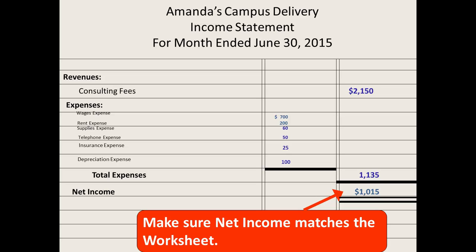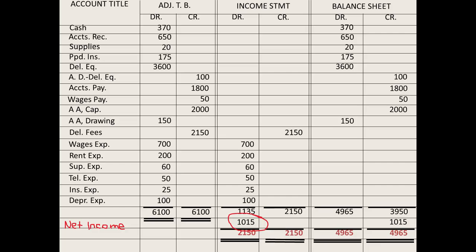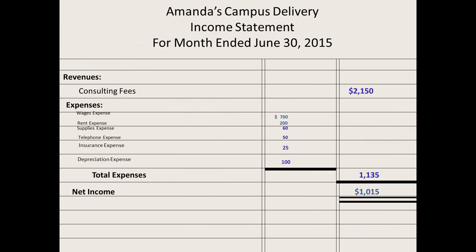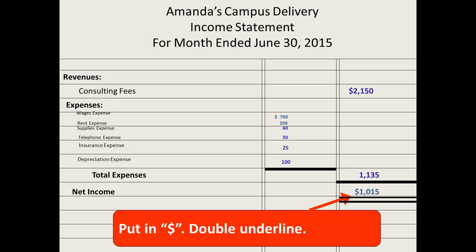I also want to make sure that net income matches the worksheet. And so here's my worksheet again, and there's my net income circled, the 1015, and it does match. Finally, this is a grand total, this 1015, and I'm going to put a dollar sign in front of it, and I'm also going to double underline underneath it.